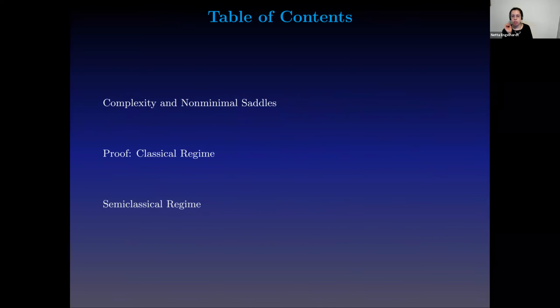Yeah, so when you do the Lewkowycz-Maldacena computation, basically when you compute the von Neumann entropy of the radiation using the gravitational path integral, you introduce n copies of the system, and you do a gravitational path integral computing trace rho to the n, and then you plug it into the formula of the logarithm, 1 over 1 minus n, and take the limit as n goes to 1.